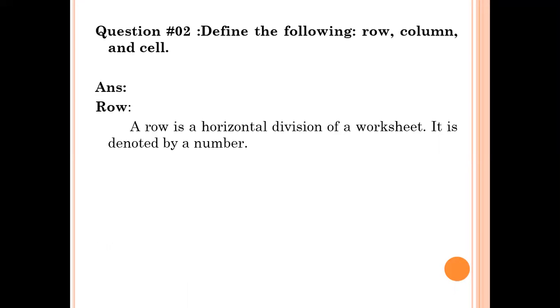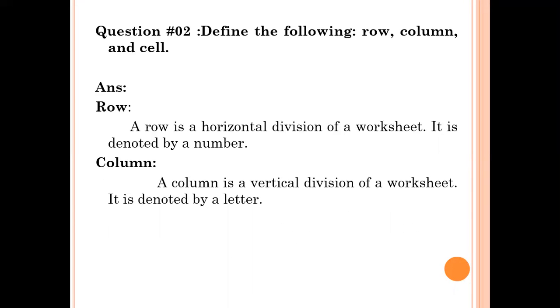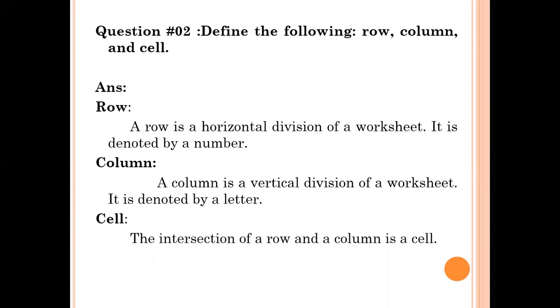It is denoted by a number. Column. A column is a vertical division of a worksheet. It is denoted by a letter. Cell. The intersection of a row and a column is a cell.